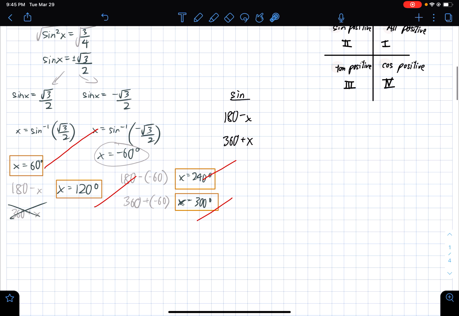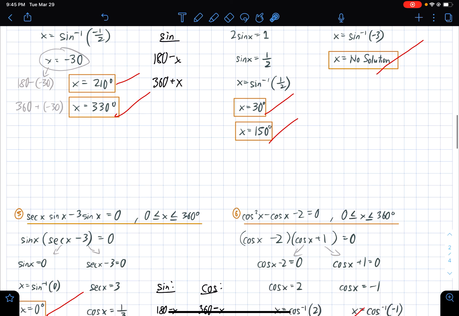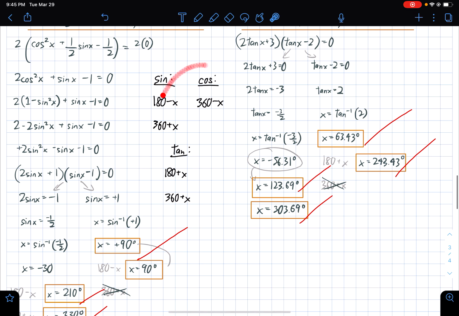And yeah, we do the same method. We find the arc sine, arc cosine, or arc tangent of that specific term, or integer or number, whether it's in a fraction or in a radical sign. And yeah, we apply the sine, cosine, and tangent rules. These ones, let me highlight them. So this is for sine, this is for cosine, this is for tangent. You'll always have to remember that.